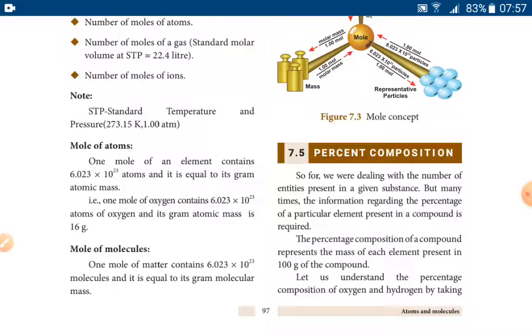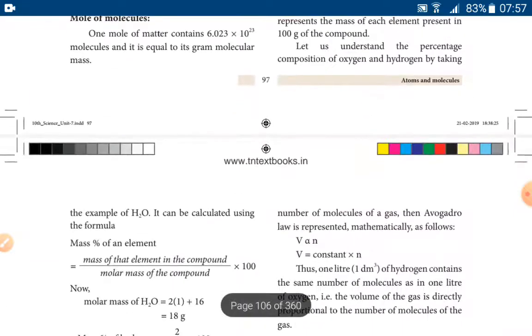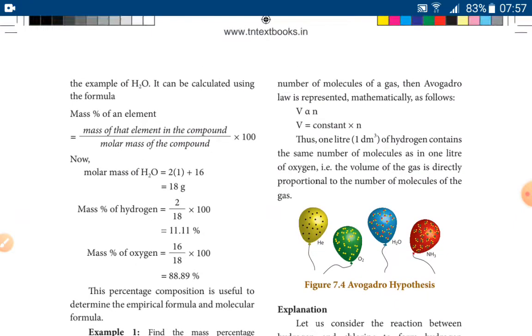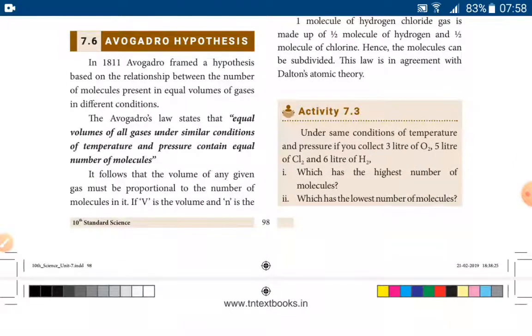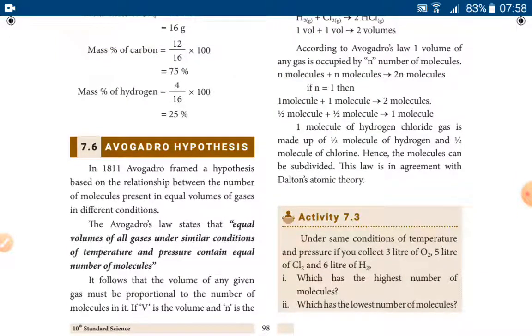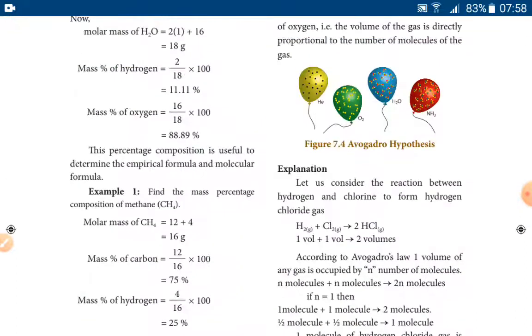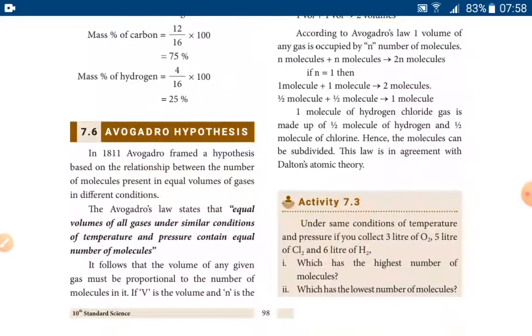Next, the percentage composition, and how to calculate the percentage of a component element in a compound using the formula: mass percentage of an element is the mass of that element in the compound divided by the molar mass of the compound, multiplied by 100. And next, what is Avogadro hypothesis? Avogadro hypothesis is a 2-mark question, and how this hypothesis helps to find the number of moles and number of molecules at STP.